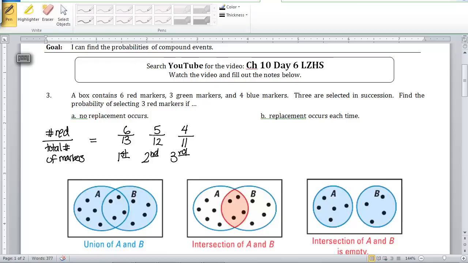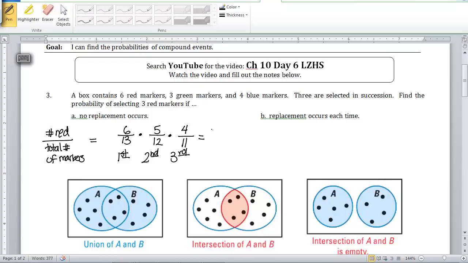Now because I need each of these events to happen, I want to multiply each fraction. When we multiply, remember you're multiplying the numerator straight across and the denominator straight across, or if you were using your calculator, use parentheses around each fraction.